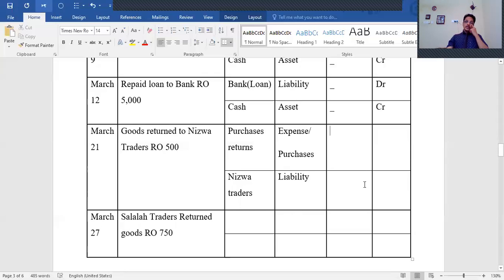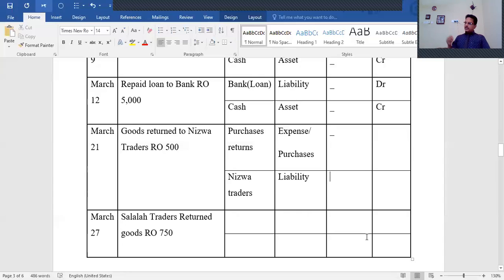Now you have to understand, when you purchase goods, your expense increases. Now some of the goods are not according to your prescription, so you return them, and your expense decreases. Nizwa traders, your liability, means your accounts payable.